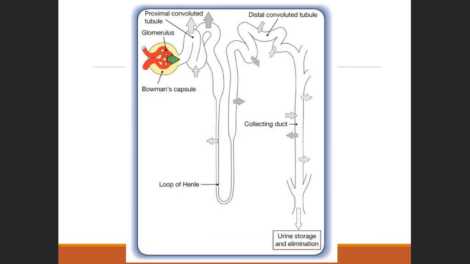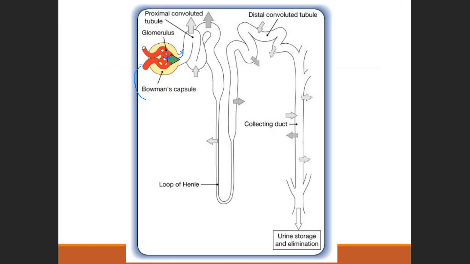Remember, we're talking about blood entering the afferent arteriole, solutes and water leaving through slits in the glomerulus into our Bowman's capsule, and then progressing down through the tubular portion of the nephron, including the proximal convoluted tubule, loop of Henle, and distal convoluted tubule.